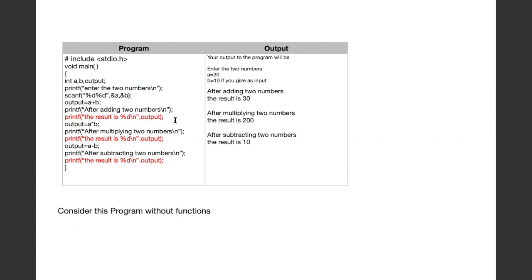There are altogether 3 statements. And when we look at them clearly, those 3 statements are one and the same, even though we have written them thrice. So what exactly is that statement doing? That statement is printing your output after performing the operations.